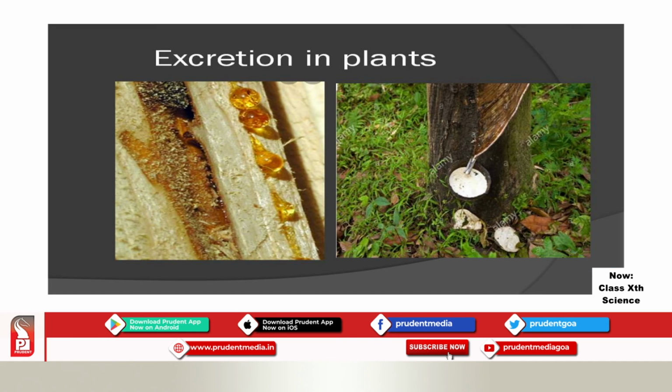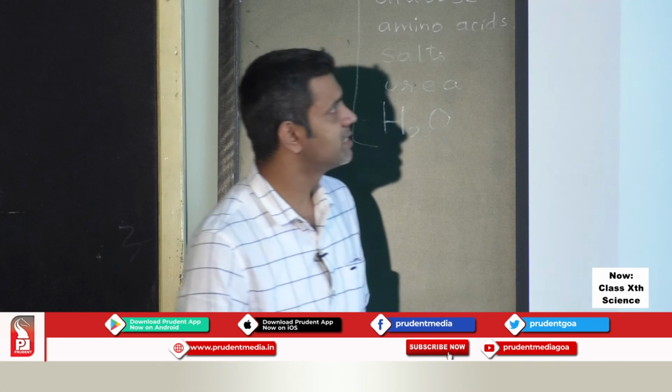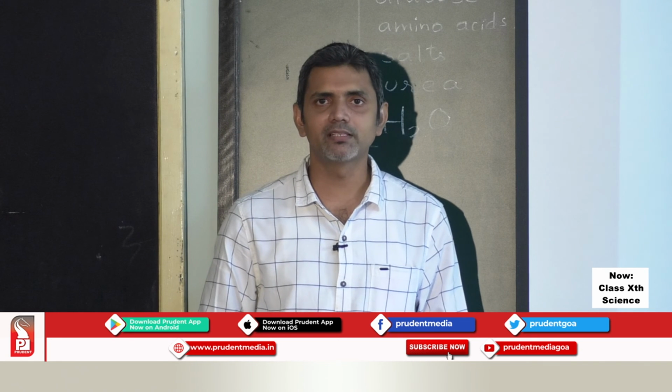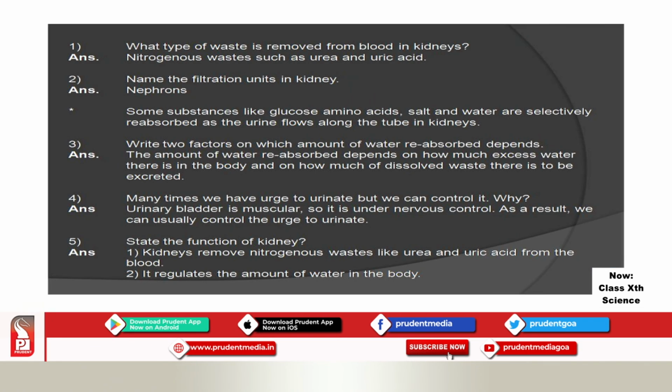Resin and gum also act as waste, and this is stored in the old xylem tissue. With this we have completed this lesson, and there are some slides based on this topic. You can go through the slides.